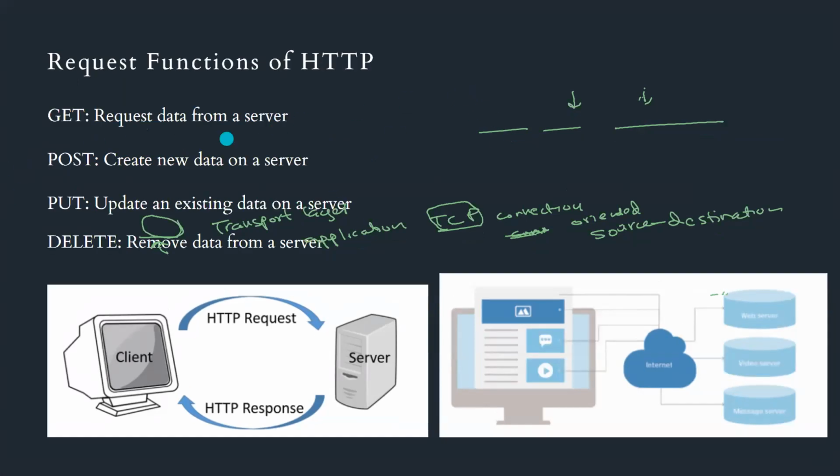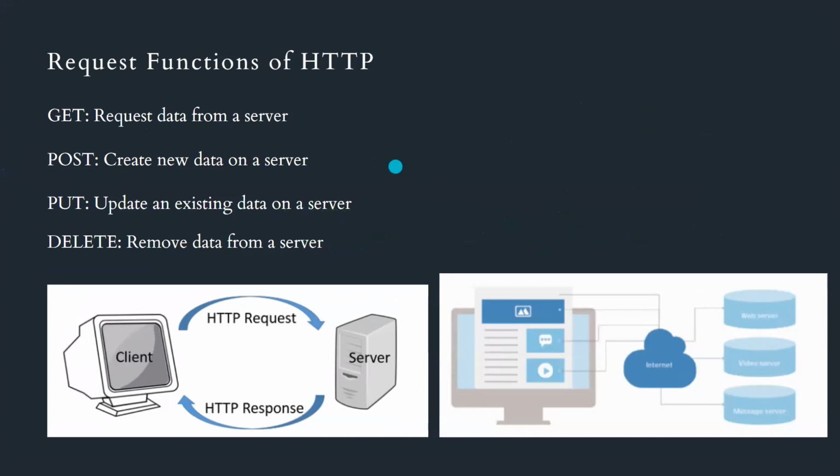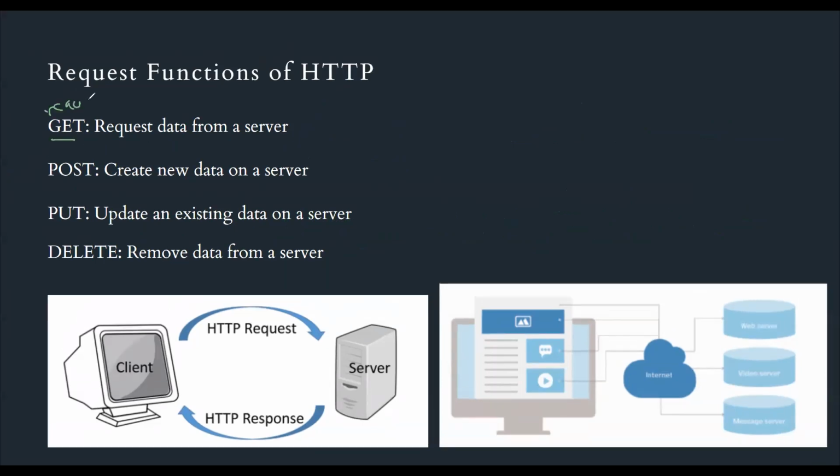Another thing is that HTTP uses different methods to request resources. It uses different functions, which we call HTTP request methods, to request data from a server, from a certain URL, right?